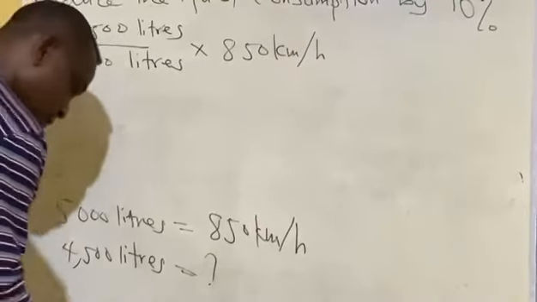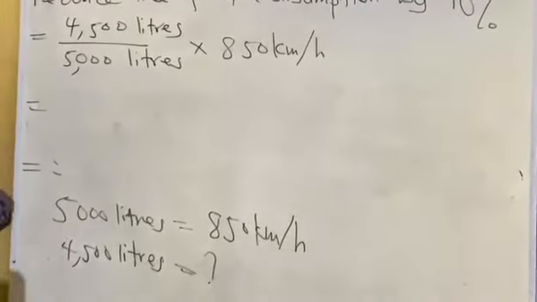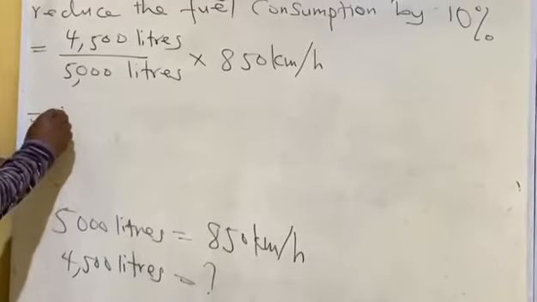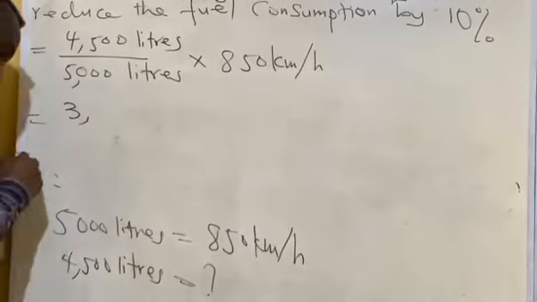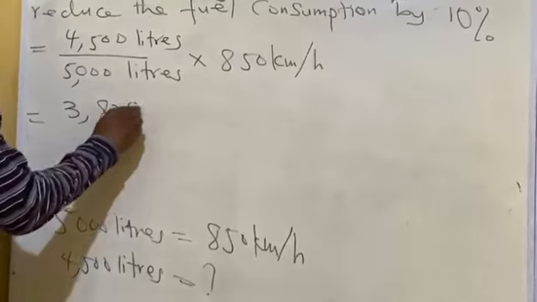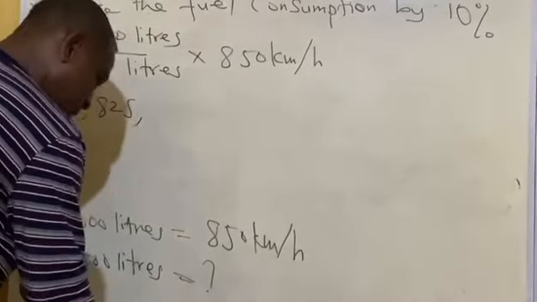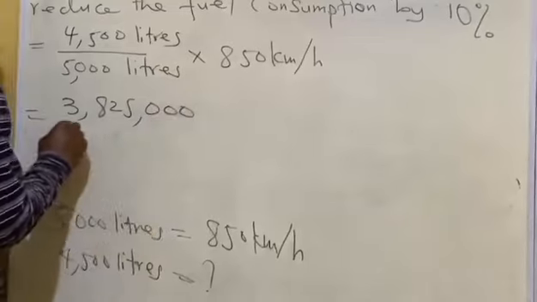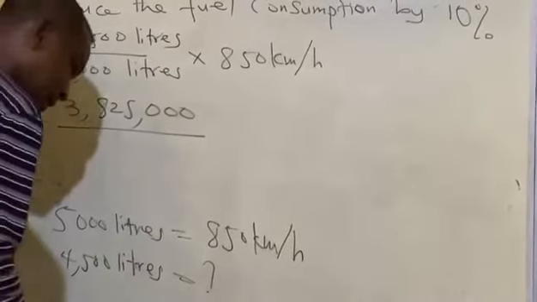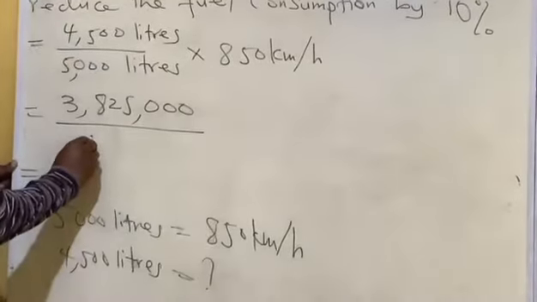So this is equal to, now when we multiply the numerators, we are going to get a value of 3,825,000 divided by the 5,000.